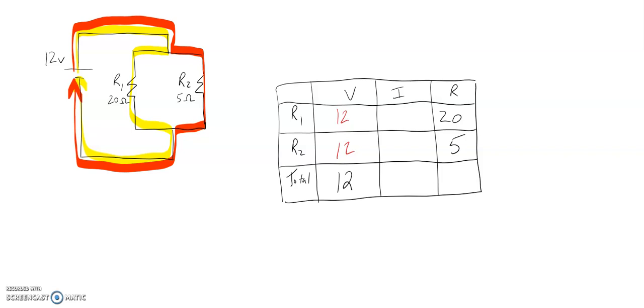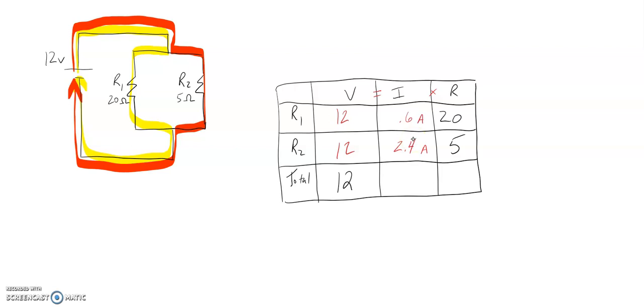And then we can look at V equals I times R to get the currents. 12 divided by 20 is 0.6. 12 divided by 5 is 2.4. Those are our currents.